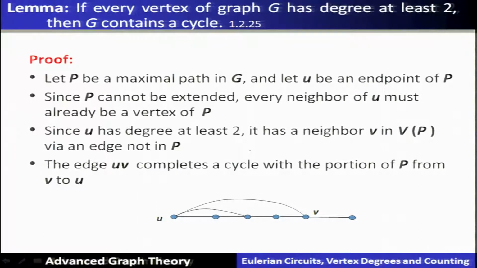So, let P be a maximal path in a graph, and let us assume that U is the end point of that particular path. So, this is a maximal path.